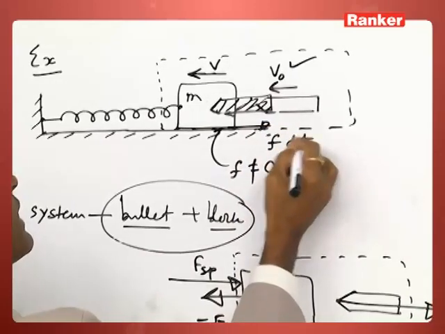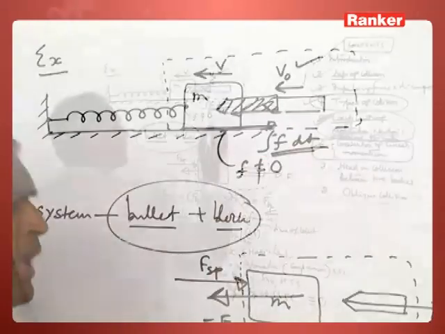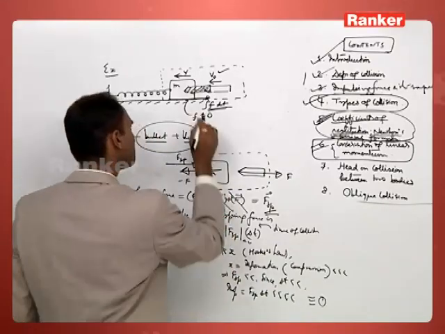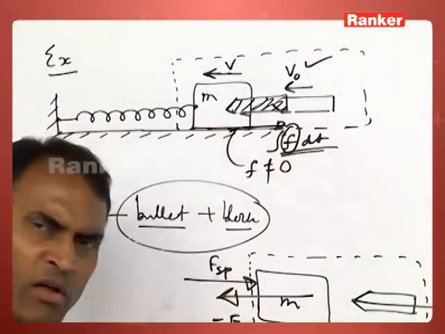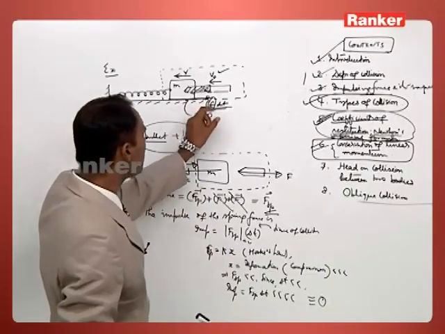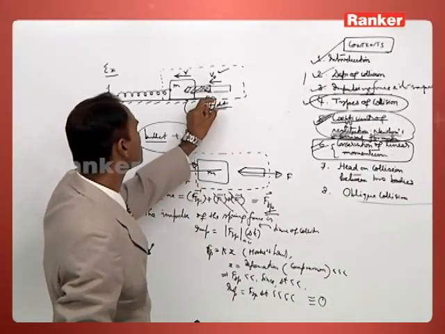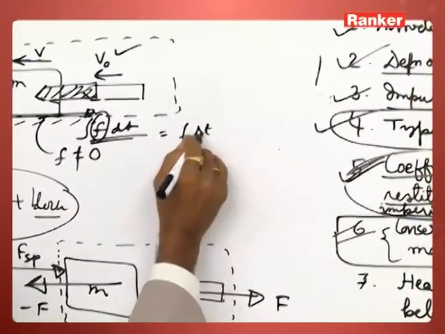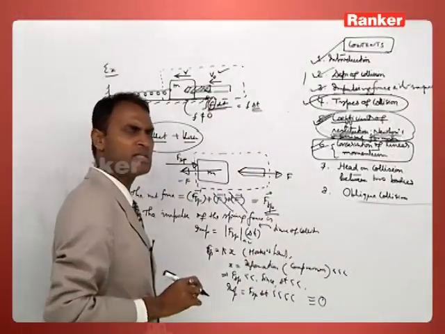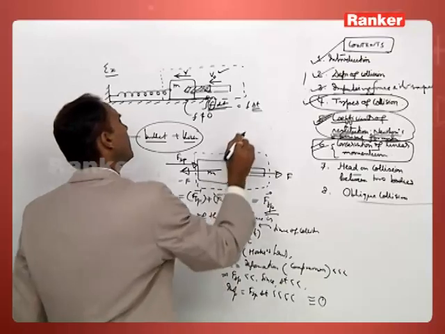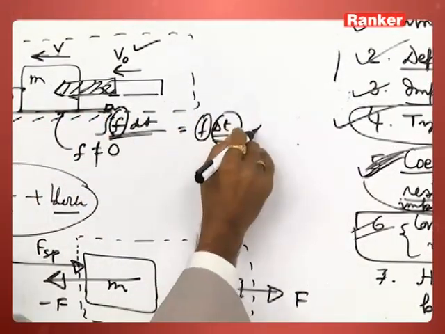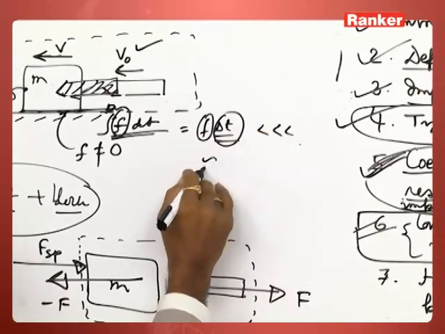If you take the impulse of the frictional force, even though it is a finite force, the time during the collision is extremely small. So a finite quantity into an extremely small quantity is also very small and can be ignored.